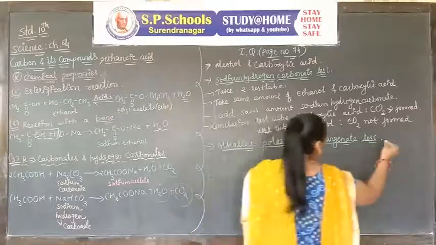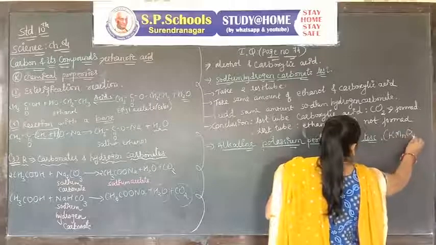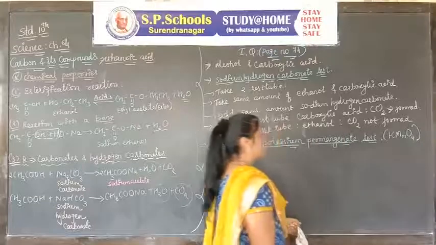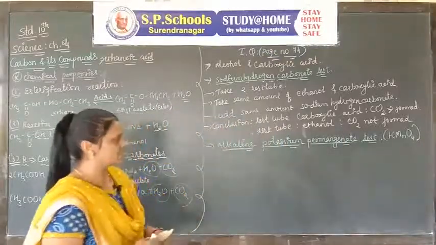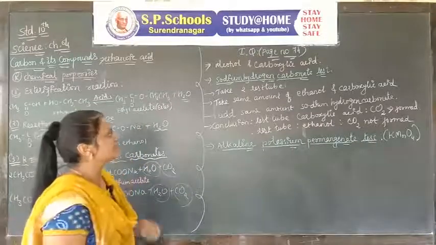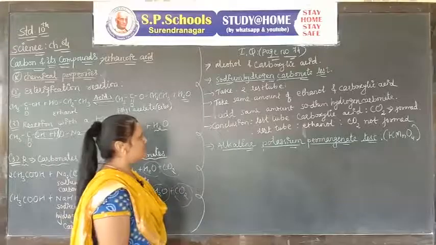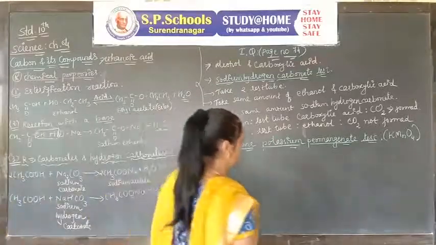Potassium permanganate, as you already know, has the molecular formula KMnO4. The second test is the alkaline potassium permanganate test.